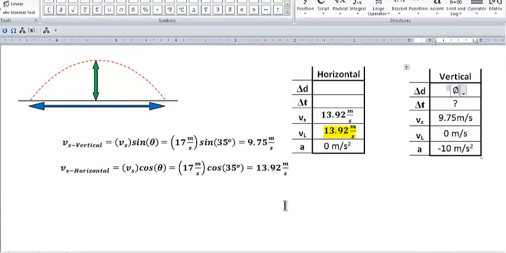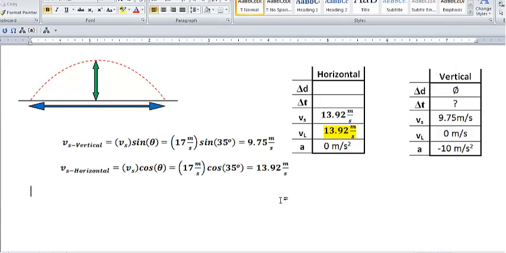So I'm going to write a copy of it right down here. There we go. Now, we're interested in time, so we have to solve that for delta t.